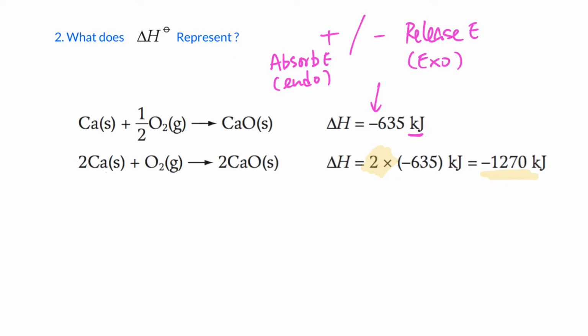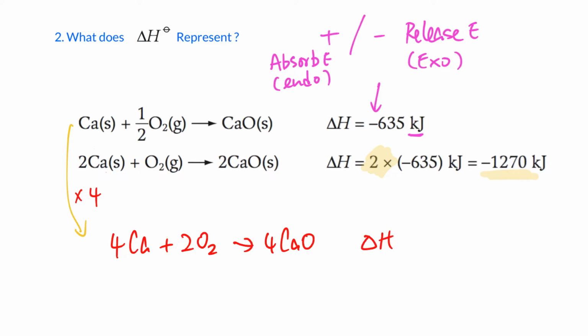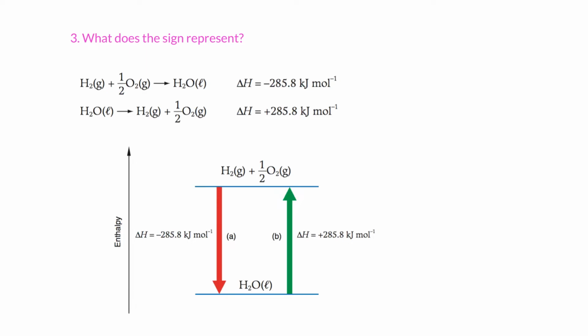Actually you can further do this, like multiply this by 4, then you have 4Ca plus 2O2 giving 4CaO, then the delta H will be negative 635 times 4. So this is what delta H represents. How does the sign represent? Just as we mentioned, negative means releasing energy. So we can have, look, negative 285.8.